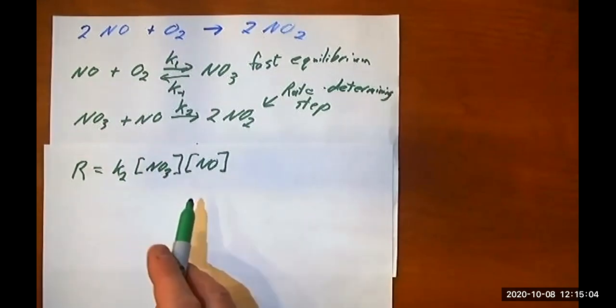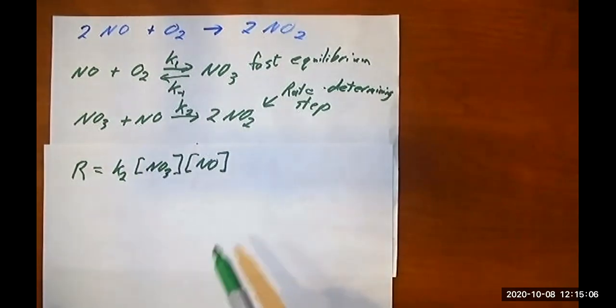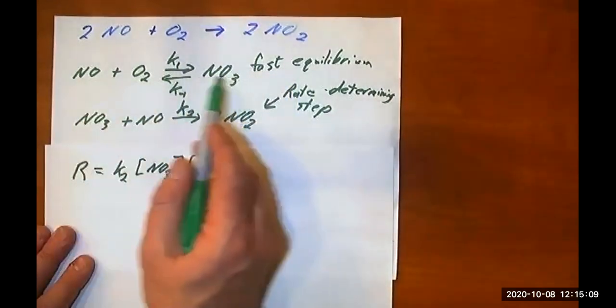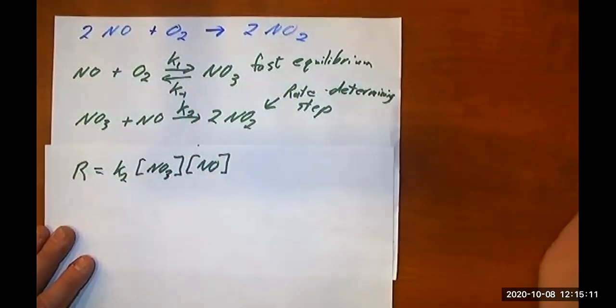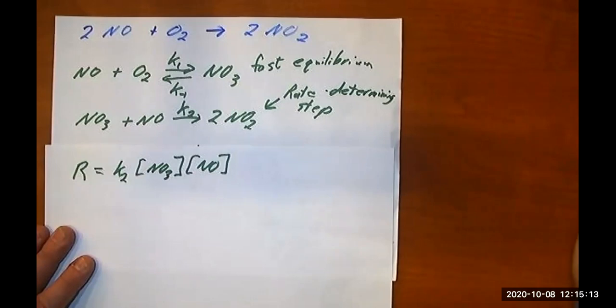So we are told that this is a fast equilibrium. What does an equilibrium mean in terms of the forward and the reverse rates? They're equal, that's right.